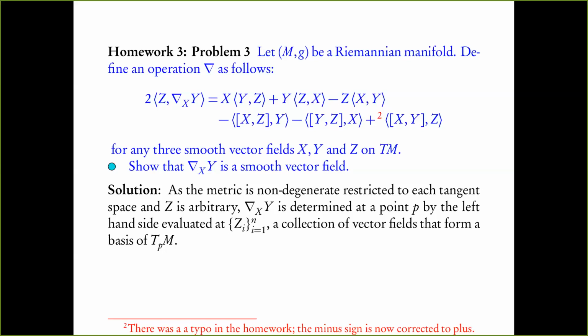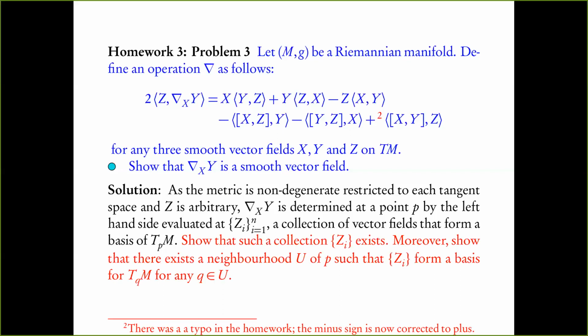And it's going to be zero outside, but I don't care. The point is there are these vector fields z1, z2, zn, which are going to be a basis for a smaller neighborhood. Some of the things I'm repeating for the sake of some students who might have forgotten the older material.